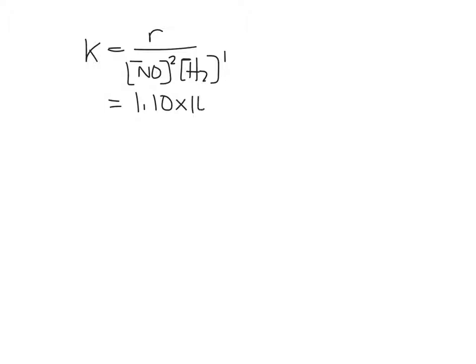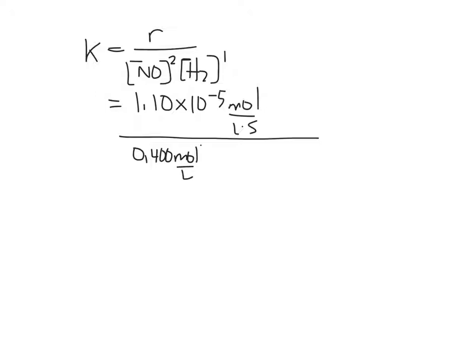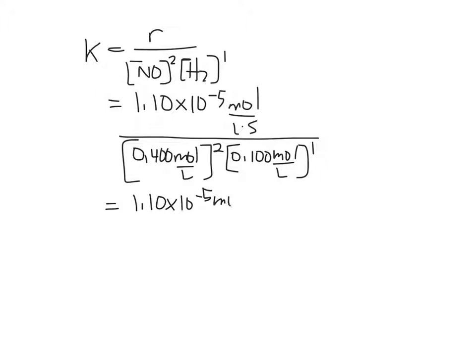1.1 times 10 to the negative 5 mole per liter per second divided by 0.4 mole per liter squared times 0.1 mole per liter to the exponent 1. So 0.4 squared is 0.16.